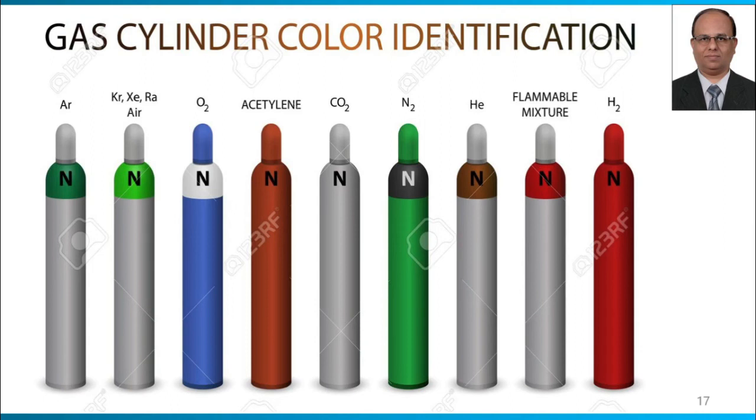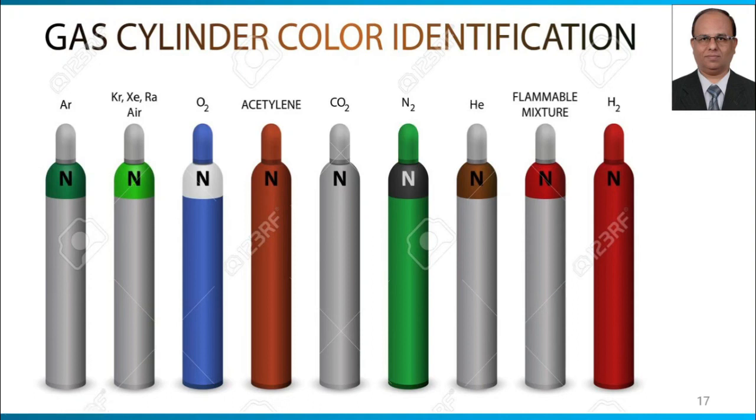So argon, see this belt which is there. Argon has silver color cylinders with a green belt. Then krypton, xenon, radium, and air, which have silver color cylinders with a greenish belt on the surface.